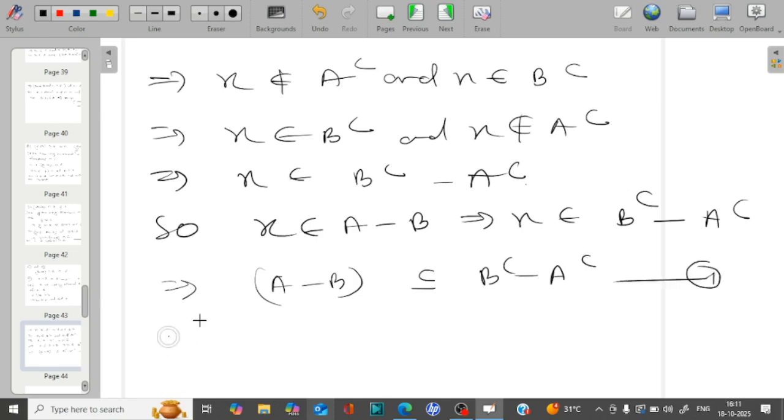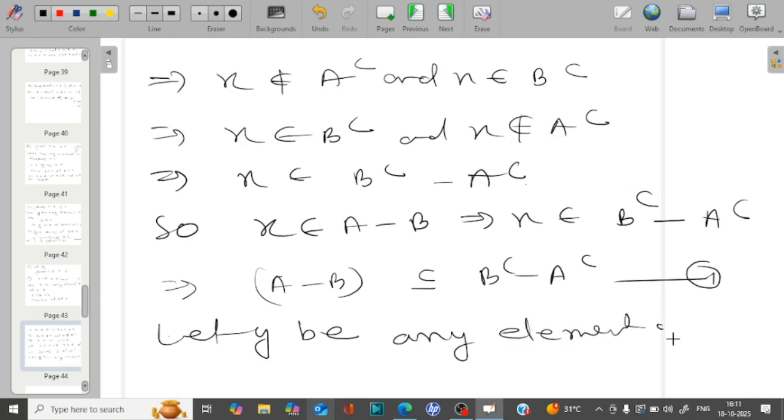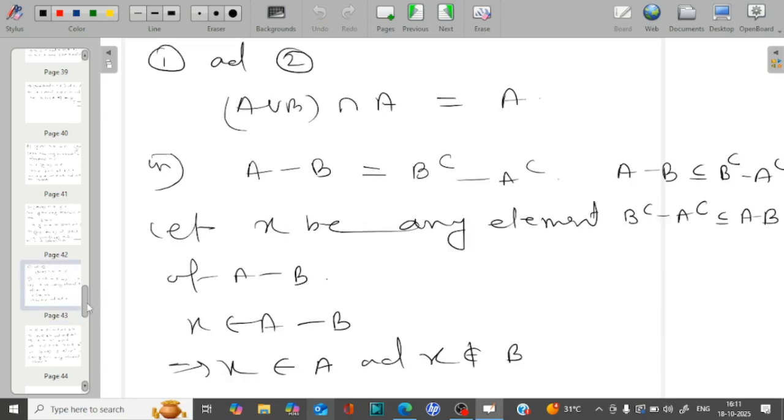Now for the reverse, let y be any element of B complementation minus A complementation.